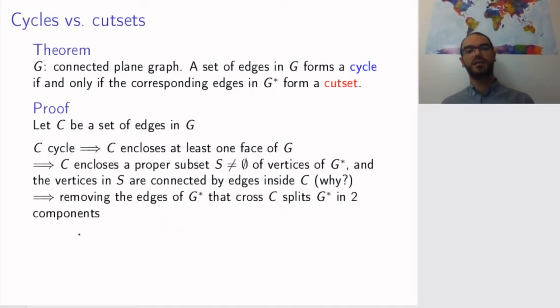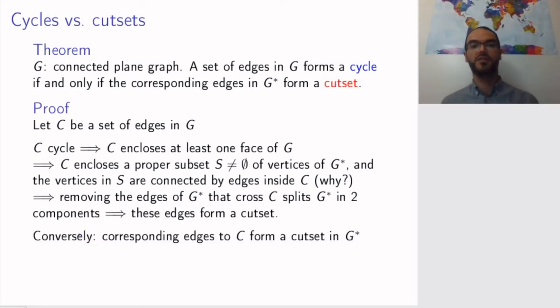All that to say that this cycle of ours in G will have a connected component of vertices of G star inside it and one outside it for the same reason. So it splits G star into components. It cuts G star like a knife into components, meaning that the edges of G star that cross our cycle, that correspond to our cycle, removing them will disconnect G star into components.